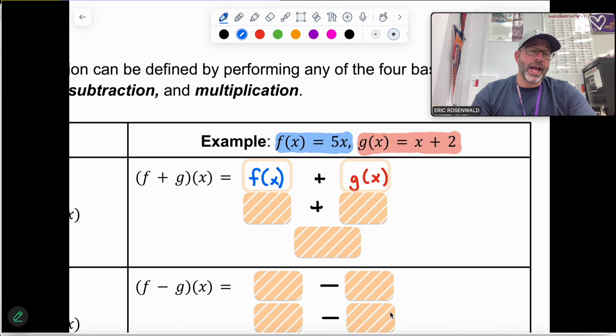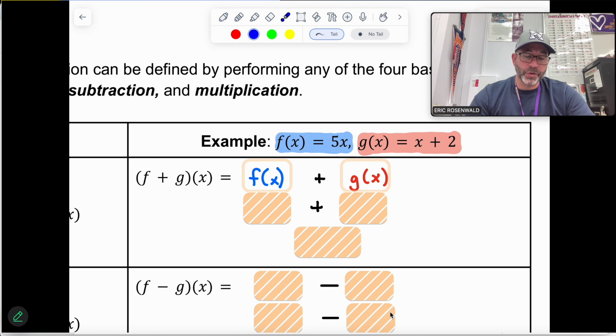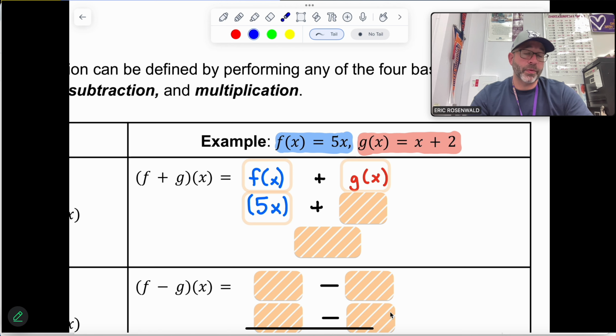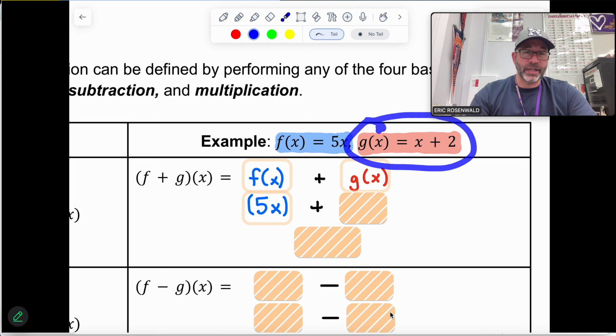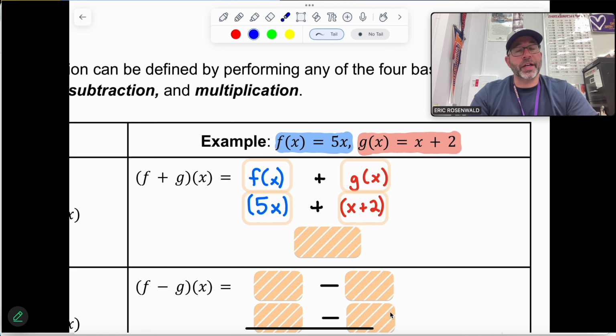If we take f of x from up above and put it in the f of x spot, we now replace it with 5x. If we take the g of x from up top and move it underneath the g of x, we now have x plus 2. And then it's just a matter of combining like terms. The 5x and the x go together, and we end up with 6x plus 2 for the final answer.